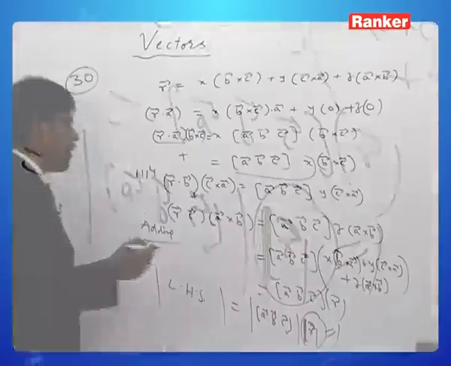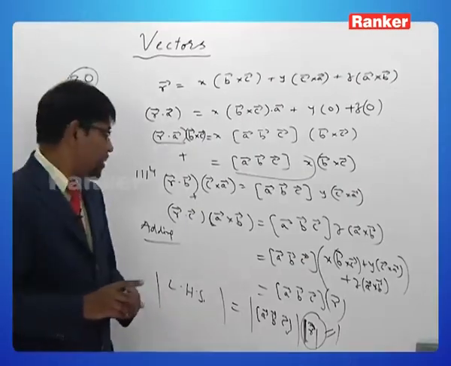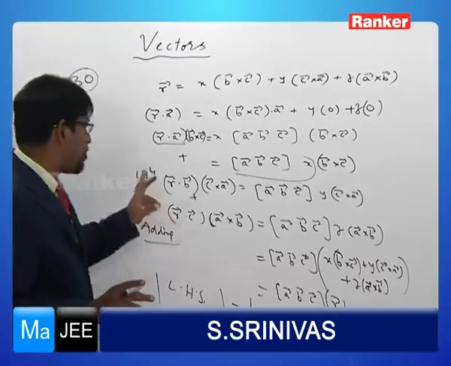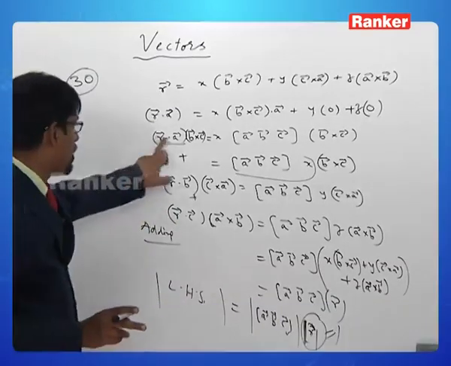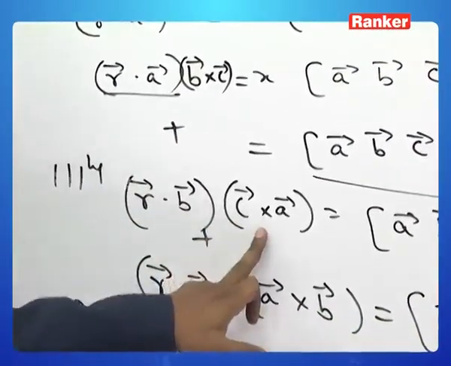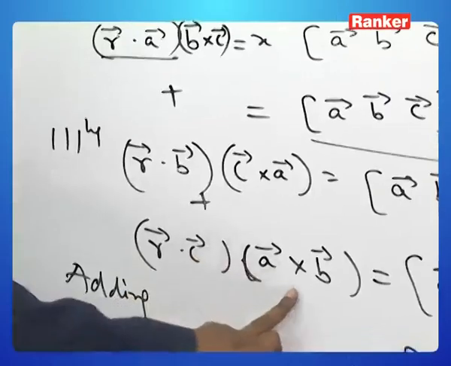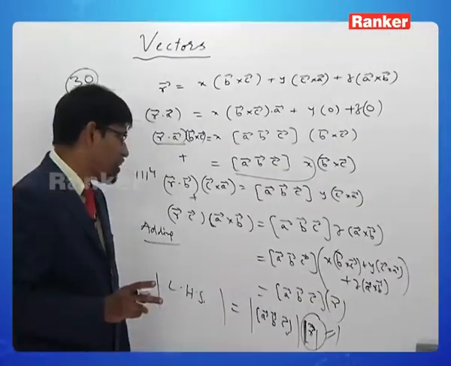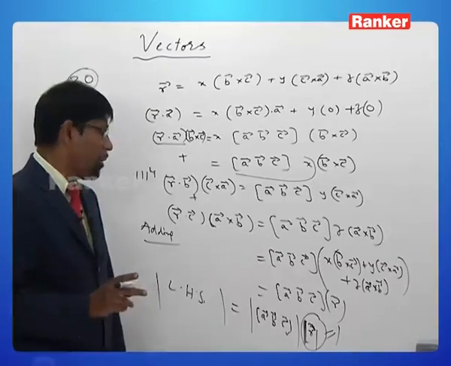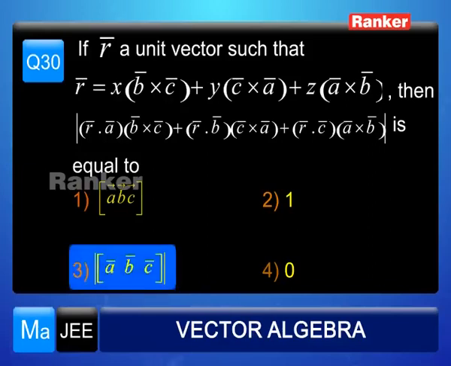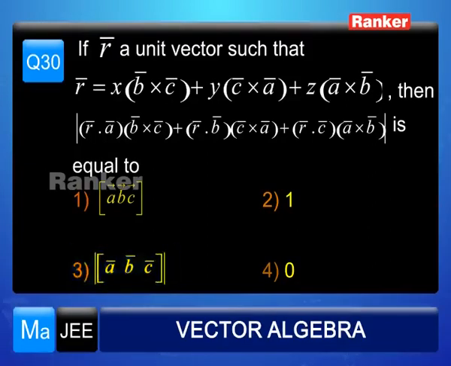Therefore, modulus of R bar dot A bar into B cross C plus R bar dot B bar into C cross A plus R bar dot C bar into A cross B turns out to be equal to modulus of box product of ABC into modulus of R bar. Modulus of R bar is given to be 1. Therefore, option 3 is the right answer.